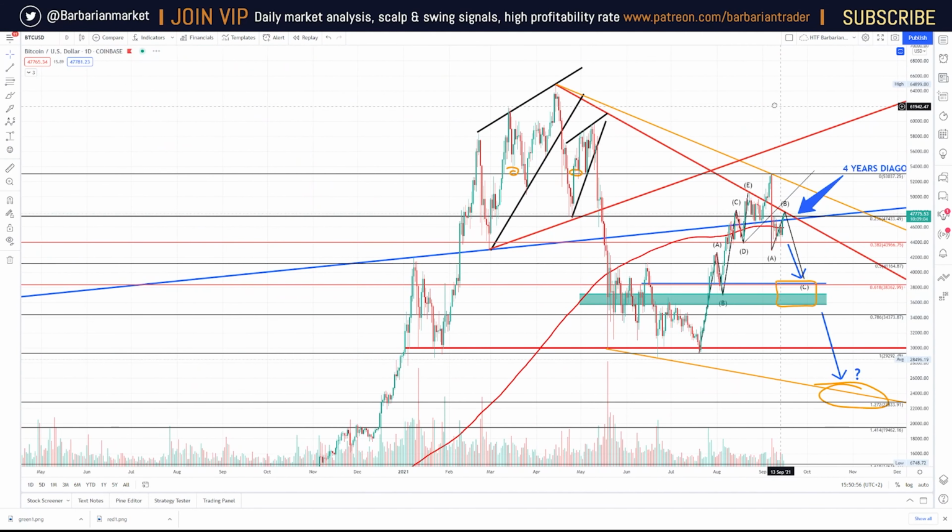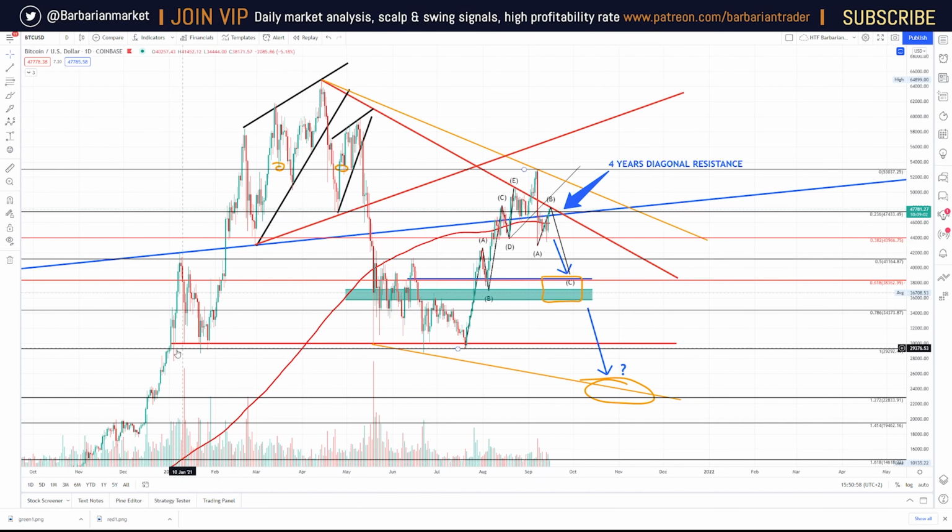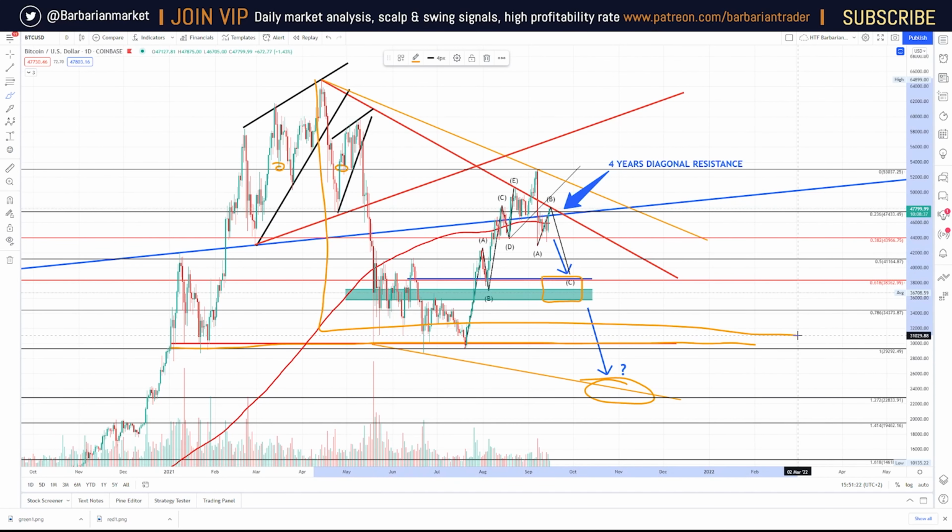Okay, you see those red lines, we have a descending triangle. So no matter how you put it, let's say we take the base here with this red line, the base is here, and no matter how you put it, either with this red diagonal, now it's resistance, or the orange diagonal resistance, we are still inside the descending triangle.